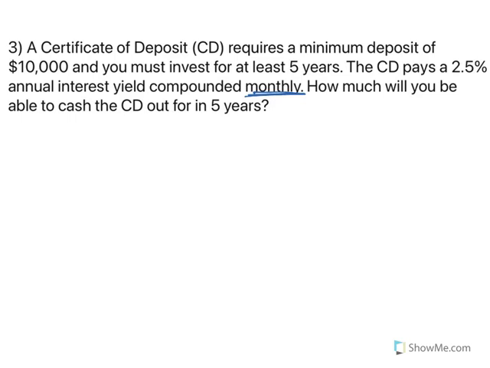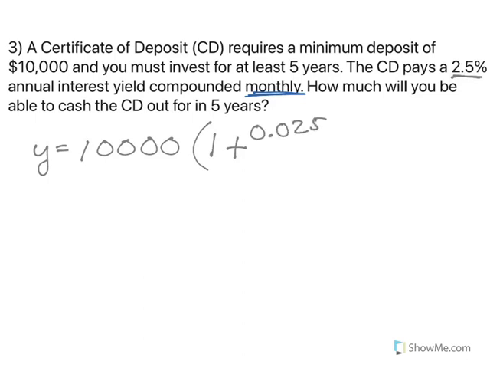So let's go ahead and plug this in. Y equals, our initial amount is 10 grand, times 1 plus, we have 2.5%. So that's 0.025 as a decimal, over 12, because this is monthly. Raise that to the 12 times how many years? 5.